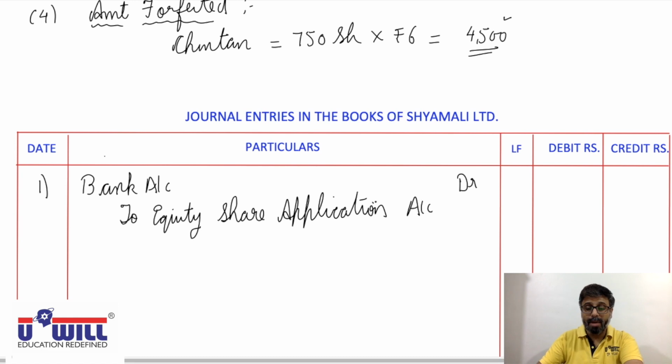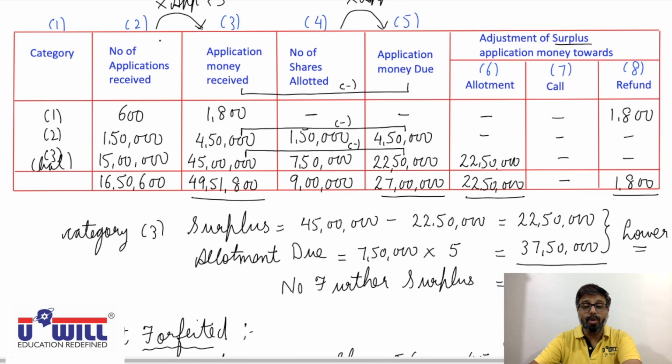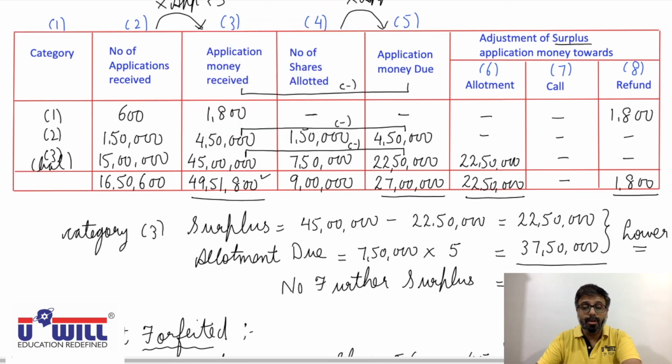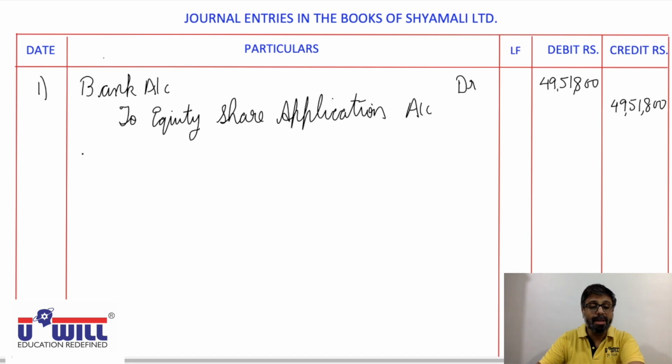Now regarding the amount, as we have done earlier in the 4 feature entries, directly you'll get it from column number 3. What is the total application money received? 49,51,800. Directly from pro rata workings, column number 3, 49,51,800. Being application money received.